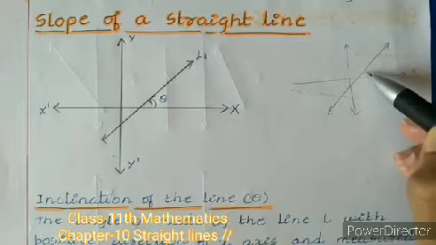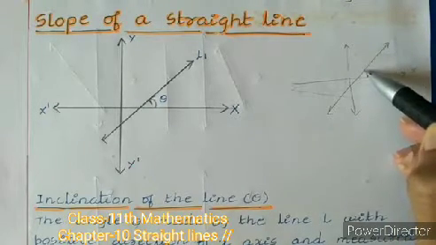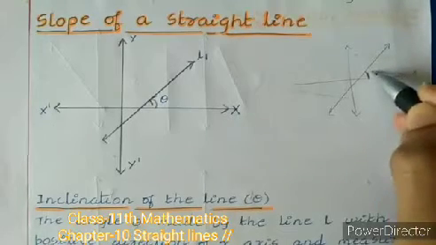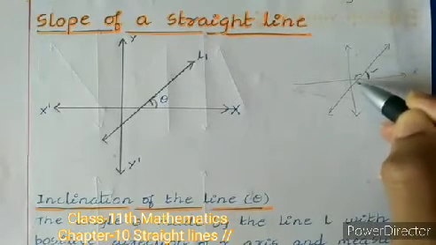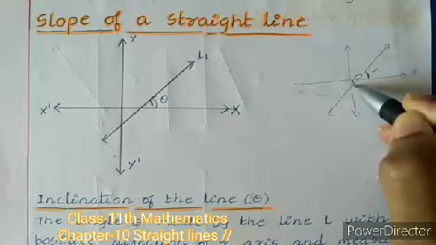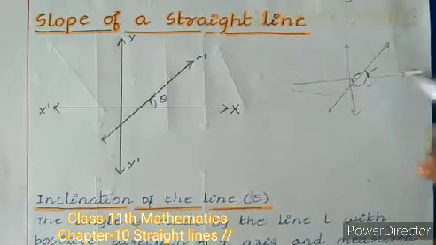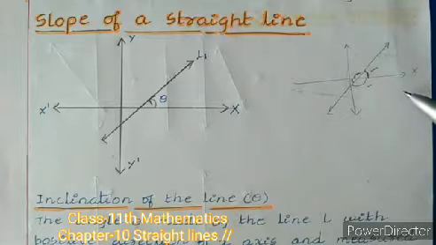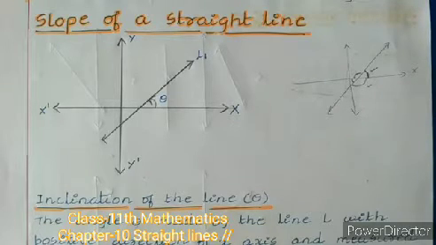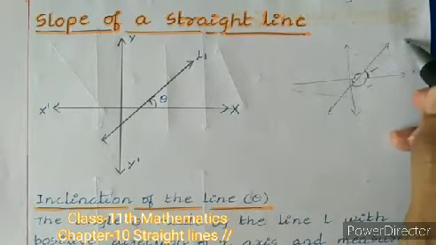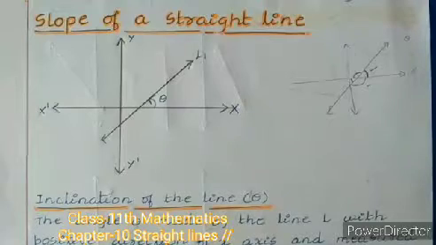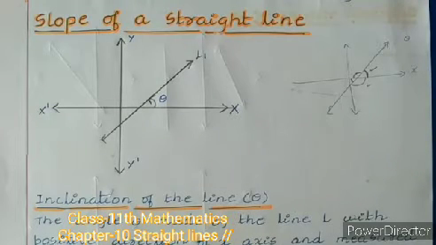You can see that this is one angle, then another one is this angle, another one is this angle, and another angle is this angle. So this line is making 4 angles with the x-axis. Now here we are interested only in one angle, and that angle is theta. That is located on the positive x-axis direction.